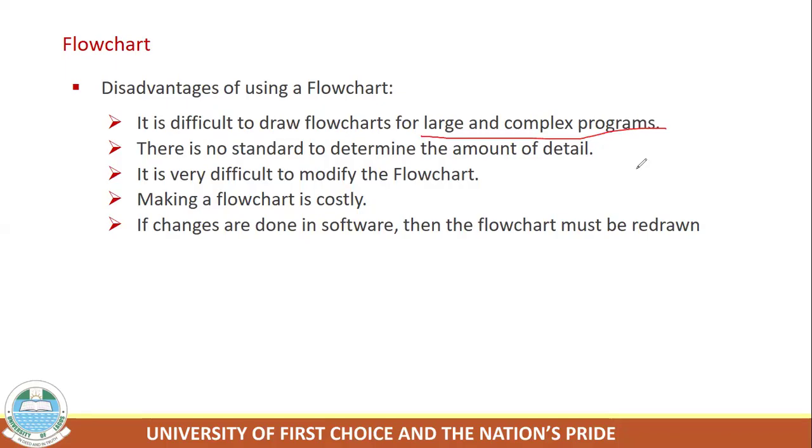But for complex programs like operating systems, having millions of lines of code, like Facebook, how do you represent the entire program using flowcharts? So it's difficult. We're not saying it's impossible.